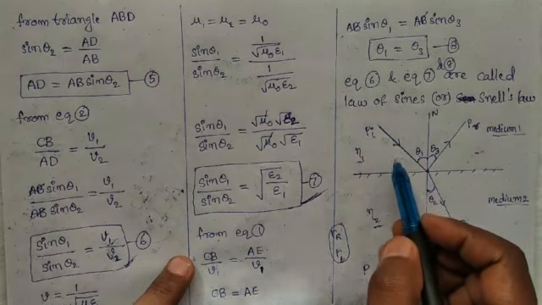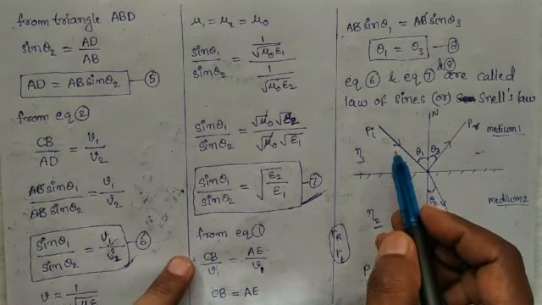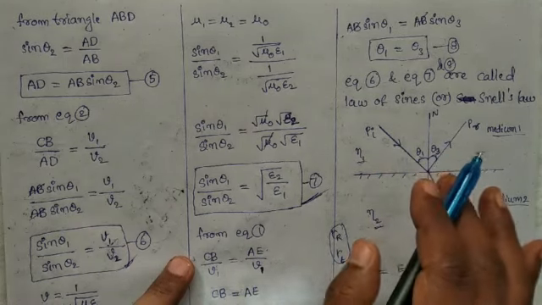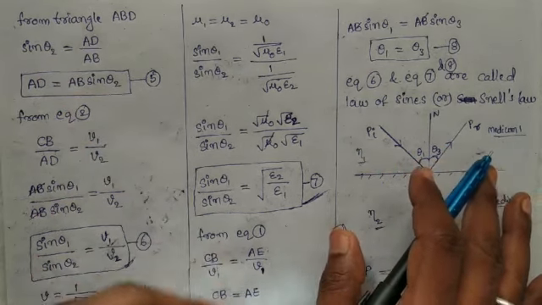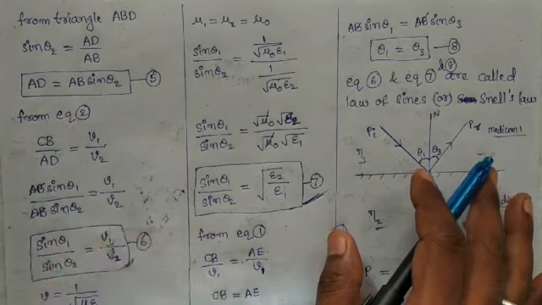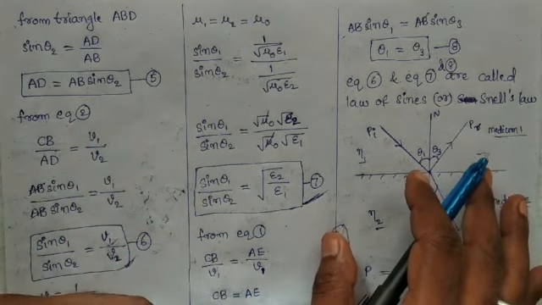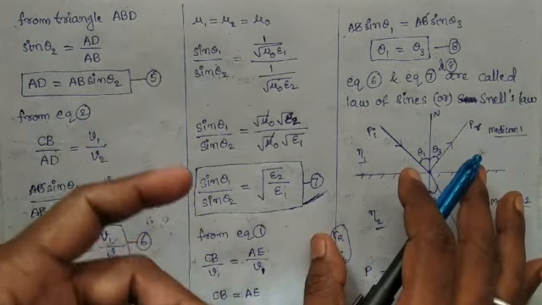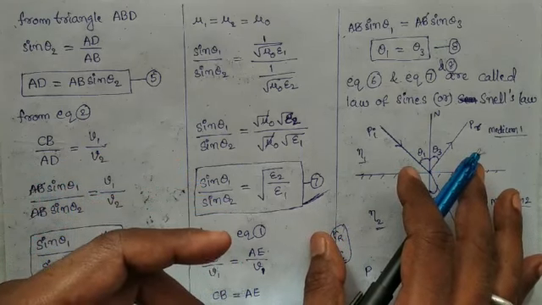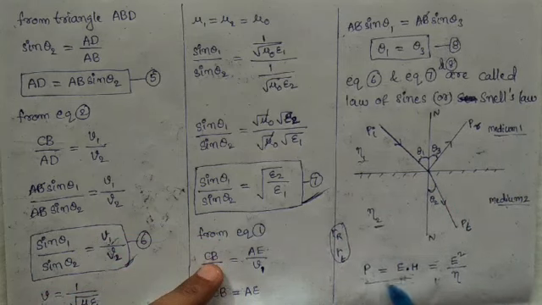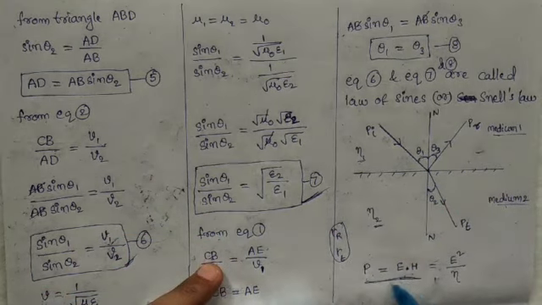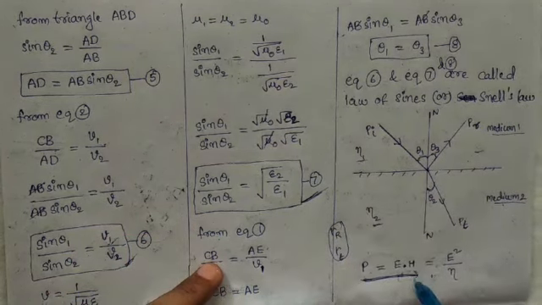Here how we can calculate the power associated with the electromagnetic wave it is, your incident wave, reflected wave, or transmitted wave it is. How can we calculate the power associated with the electromagnetic wave? Here, this is the formula to calculate the power associated with the electromagnetic wave it is.